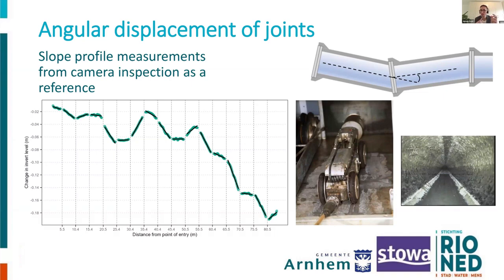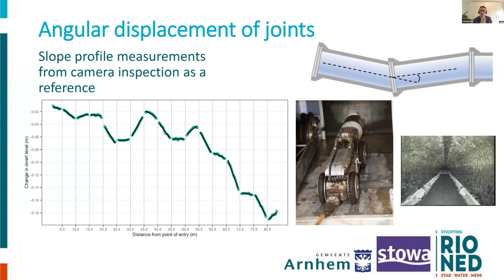If you look at the camera inspection images, the pipe looks pretty nice. But if you look at the inspection data, sometimes about half the wall thickness has degraded. So that's quite a nice difference.